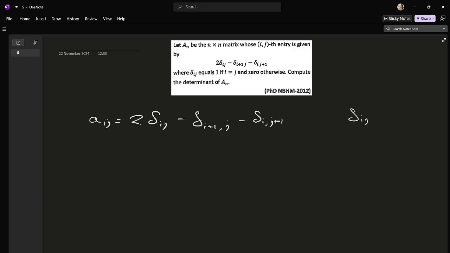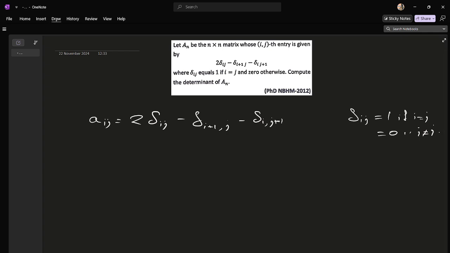We all know that it is equal to 1 if i is equal to j and 0 if i is not equal to j. Now we have to compute the determinant of A_n.